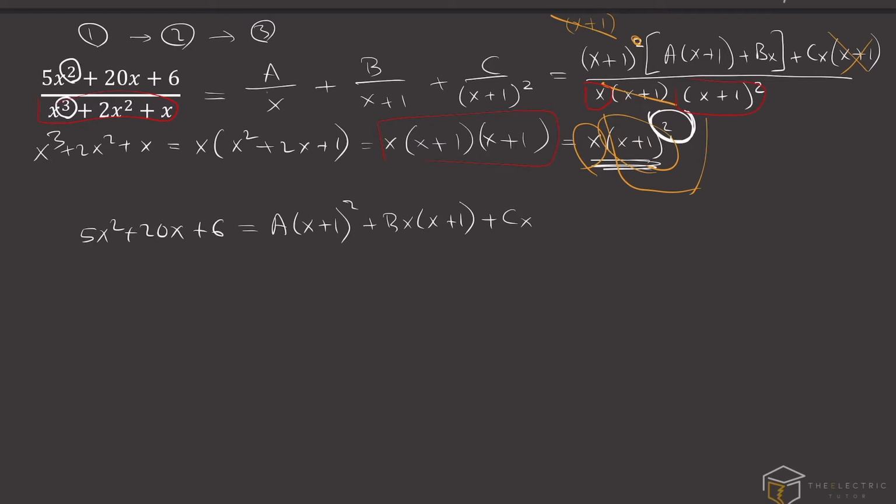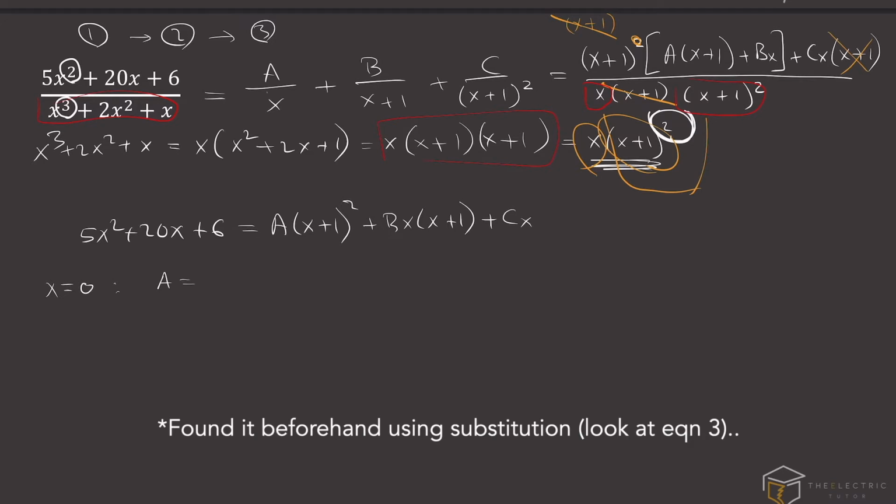And now we can try to find the values of a, b, and c using the method we used in the previous example. So notice that if I set x equal to 0, I'm going to get rid of the c, right? And then I'll just have a and b. So all that process, if you do all the arithmetic, you'll see that a is going to be equal to 6.